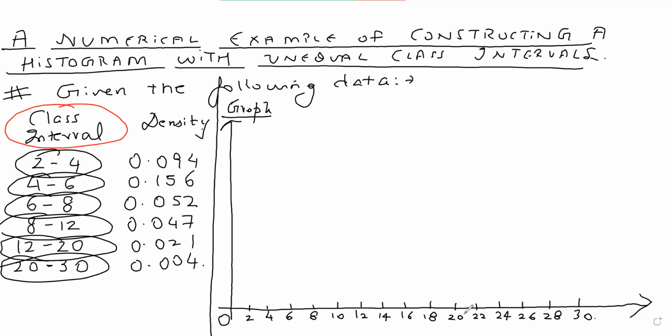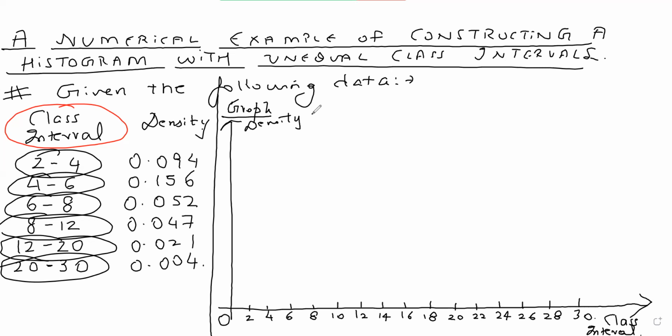I have taken a 1 centimeter gap and taken the class intervals from 0 to 30. On the horizontal axis, I can write class interval, and on the vertical axis, we have density. Densities are anyway not exceeding 0.2.